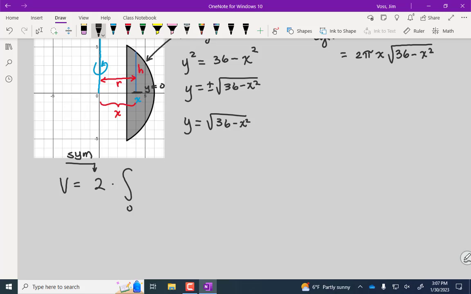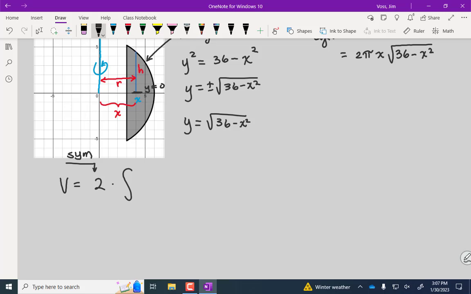The lower curve for this element is 0, but what are the limits of integration? The limits of integration come from the interval where the vertical element lives. The left endpoint is at 3. The right endpoint is at 6.